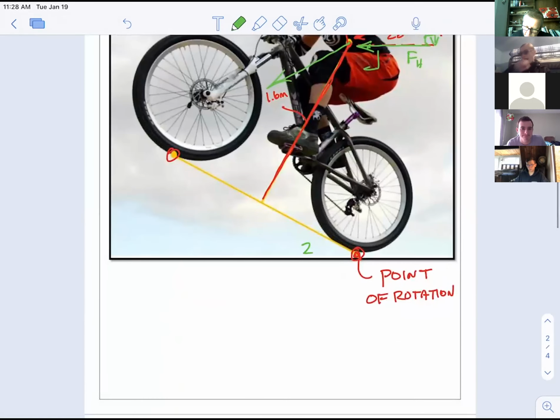Let's say that this angle up here is 22 degrees. I'm making this up. This problem did not have enough givens. There's more things that you'd have to know. And let's further say, let's just do this to scale, this is 0.5 meters, that length right there. And this looks a little longer, so I'll call it 0.7 meters. In other words, that's telling us where the center of mass is, relative to the two places the bike hits.